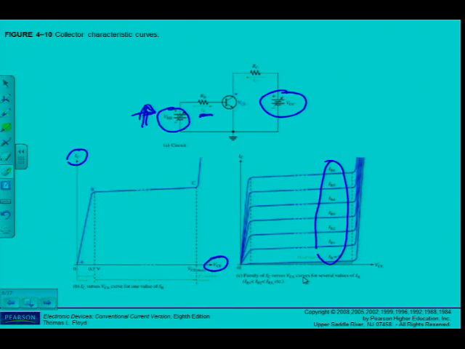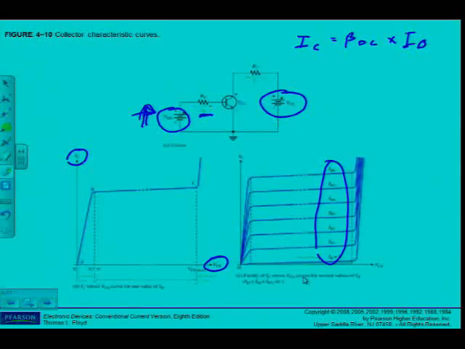So as I increase IB, I see that IC will also increase and VCE will also increase. Because remember, the formula that we looked at is that IC is actually the ratio of beta, the ratio between IC and IB. So IC is going to be equal to beta DC times IB.